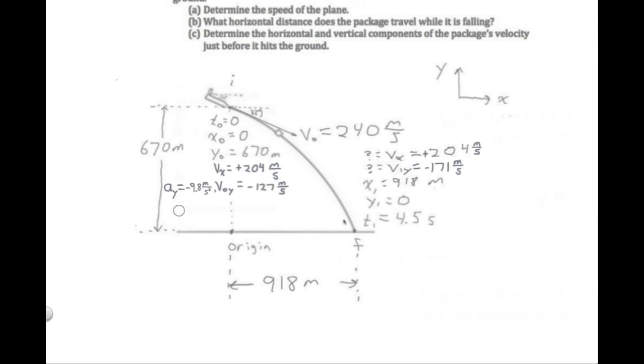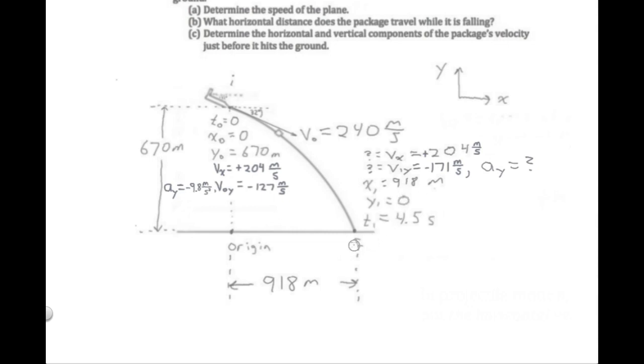Now let me ask you, what is a sub y at time 1? Again, it would be good to pause the video and ask yourself, what is a sub y at time 1? I hope you gave that some thought.